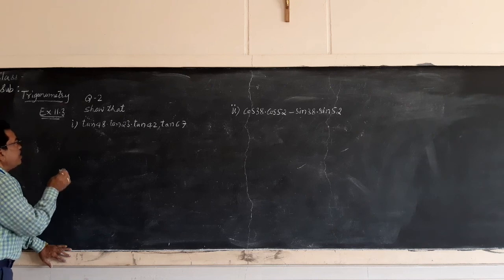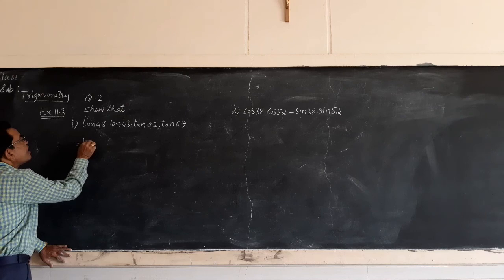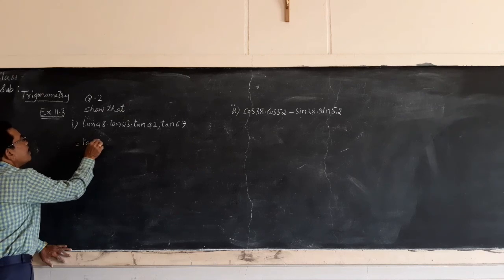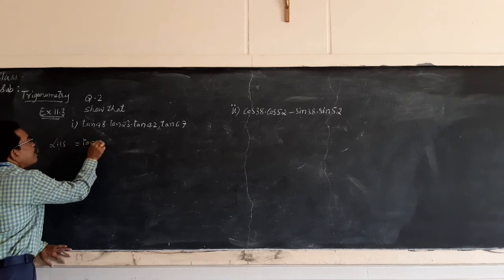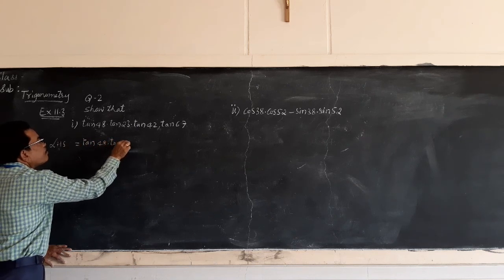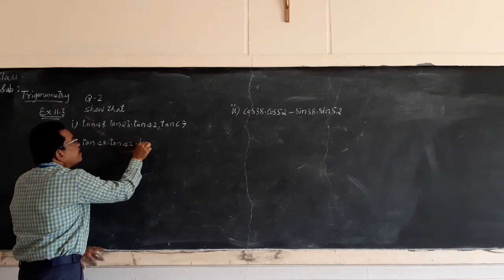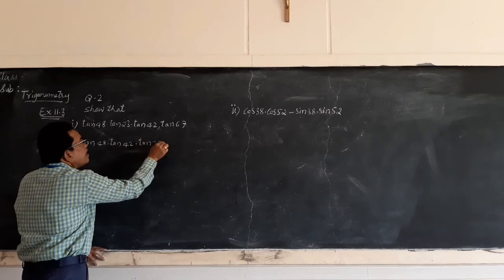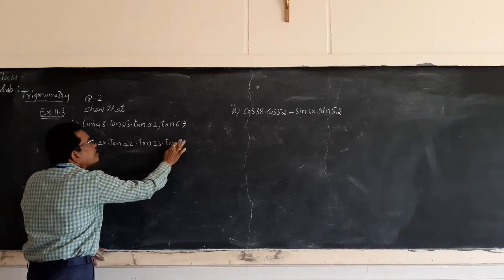So, like that, let us rearrange these things. Tan 48, tan 42, tan 23, tan 67.